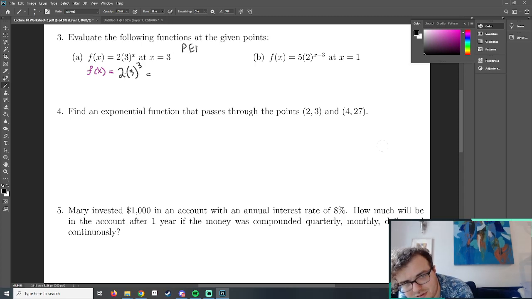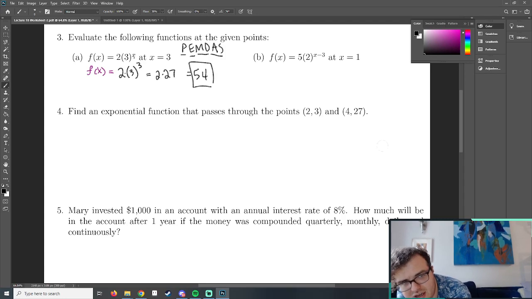PEMDAS: parentheses, exponents, multiplication and division, and addition and subtraction. Keep in mind those are in the same step. So here, the first thing we do is raise 3 to the third power, which gives us 3 times 3 times 3, or 27. And then we do 2 times 27 and get 54.